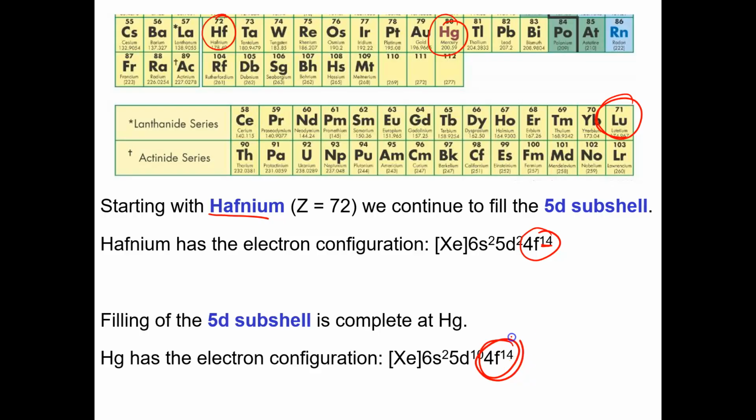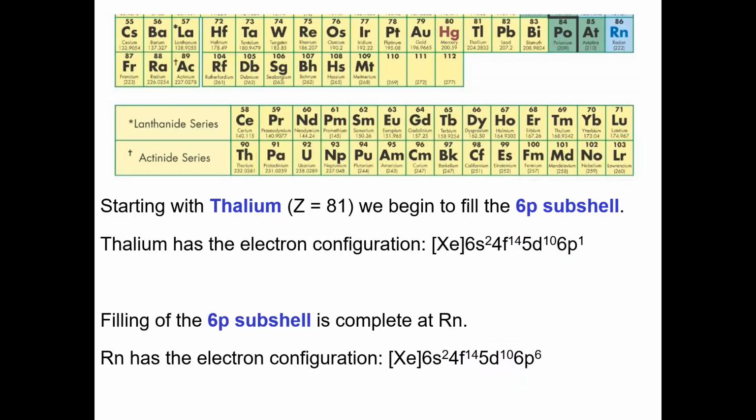It has 14 electrons in an f subshell. Okay, here's thallium. So thallium is element 81 in row 6. And again, we see that thallium has 14 electrons in an f subshell because thallium comes after lutetium.